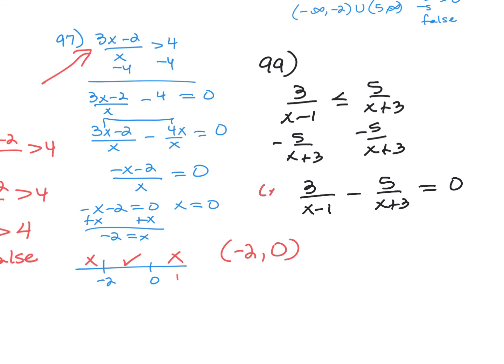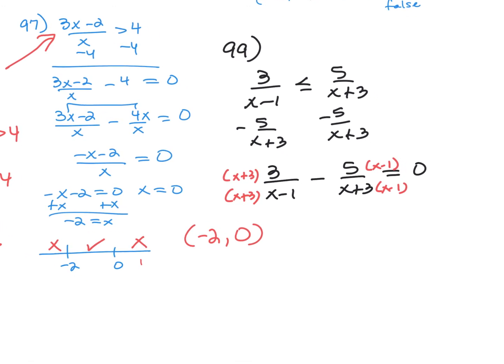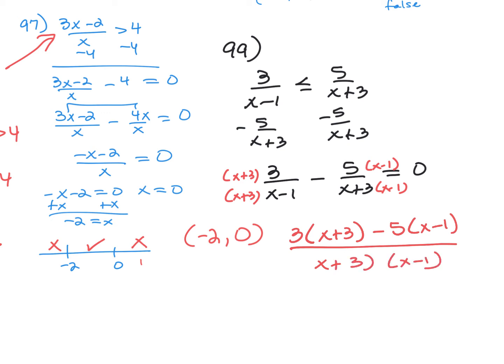So this one gets the x plus 3, and then this one gets the x minus 1. So over here, it'll become 3 times x plus 3. And then over here, -5 times x minus 1. And then this has x plus 3, x minus 1 on the bottom.